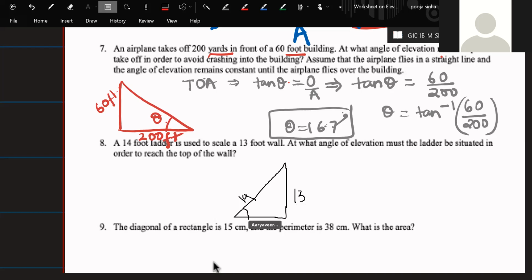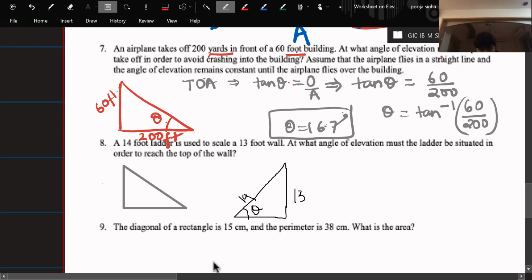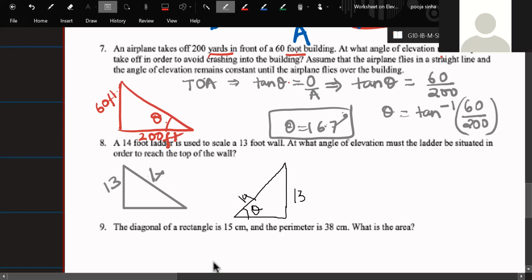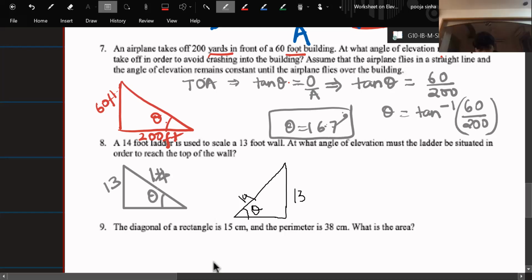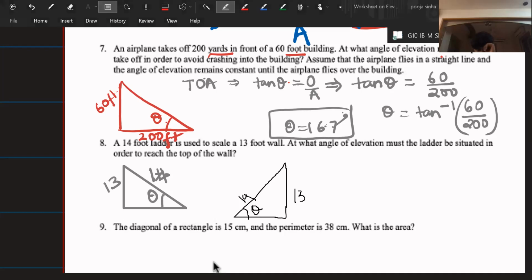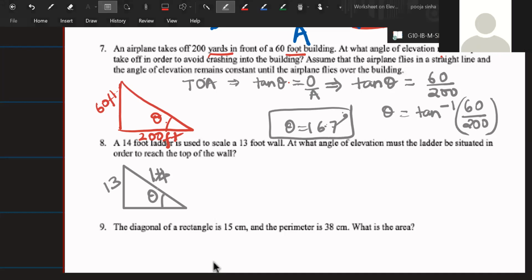Yeah, that's it. So we're going to use sin inverse, arc sin. 14, 13, and theta, right? Yes, perfect. Good job, Arya.